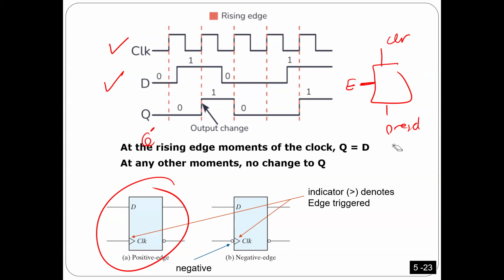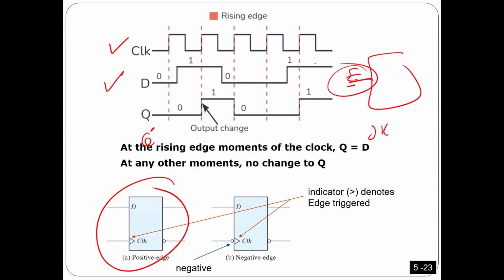That's why maybe in the coming slides, I'm not gonna talk anymore about enable, but that doesn't mean I cannot make JK flip-flop without enable. It doesn't mean I can't make JK flip-flop with set or preset. I'm just gonna focus on JK, but it can also come with the optional stuff, okay?